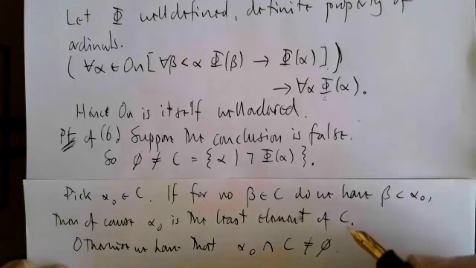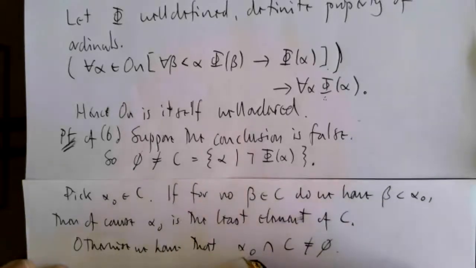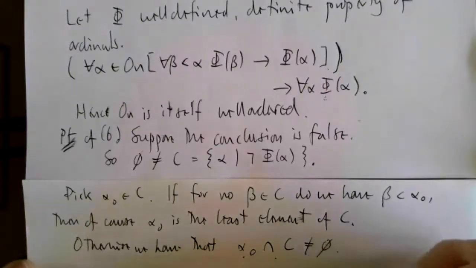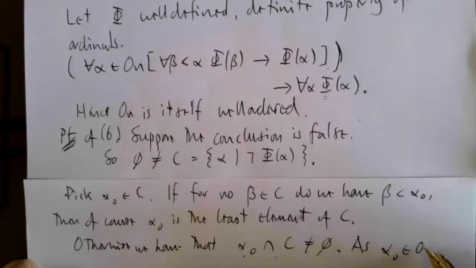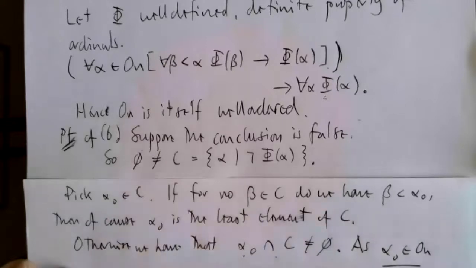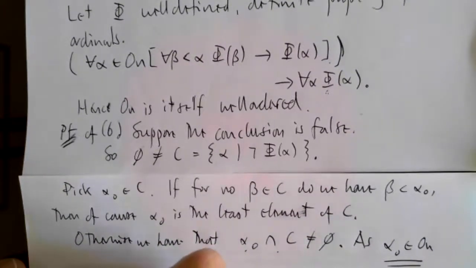Now, alpha 0 is an ordinal, so that is well ordered by epsilon or less than. So this is a subset of alpha 0 that's not empty, so this has a least element. And of course, that's the least element of C that we're after. Because alpha 0 is an ordinal, we know that this is well ordered by epsilon.